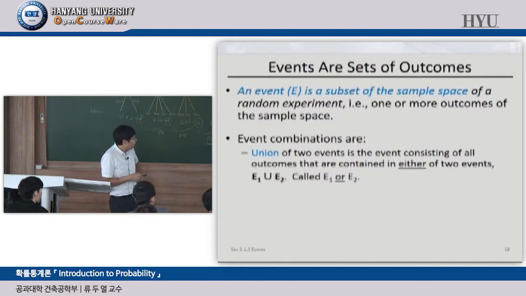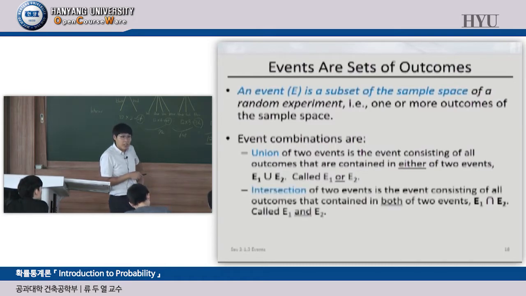So the union of the event E1, E2 can be expressed this symbol, the union of E1 and E2. And this is also called E1 or E2, okay? And this is the intersection, which is called 교집합.